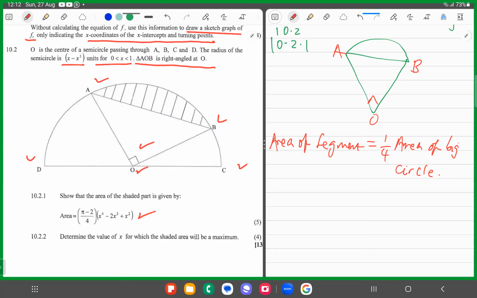Right, so at this point, it then follows that you have 1/4 the area of the big circle. The area of the big circle is pi radius squared, and the radius is x minus x squared. So this is 1/4 pi radius squared.